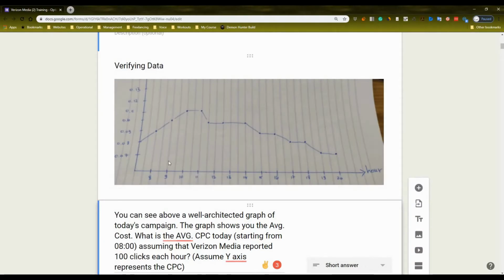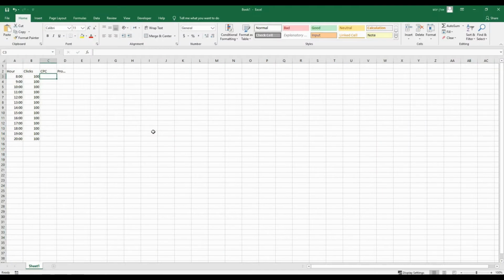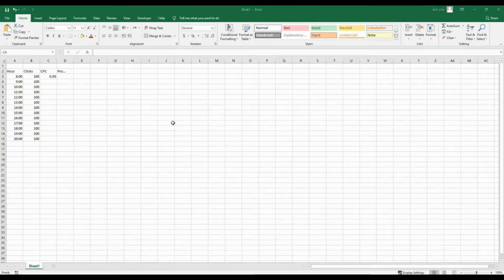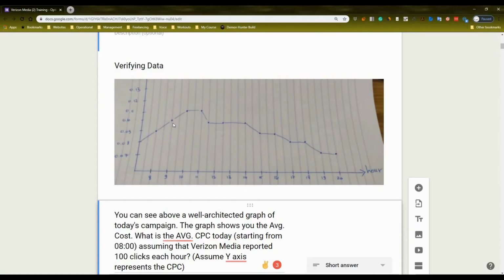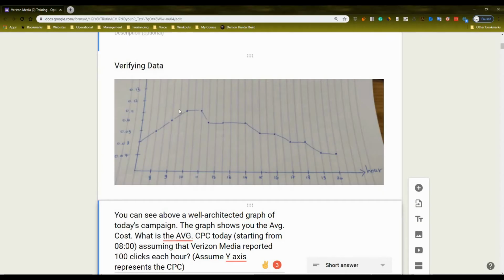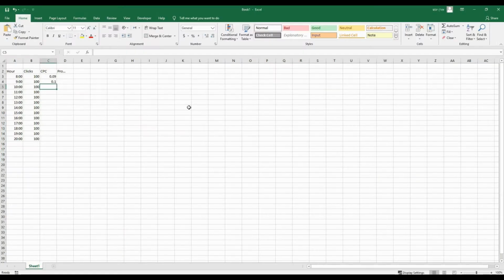Now the CPC is changing, because we see that at 8 we had 0.09, and at 10 we had 0.11.